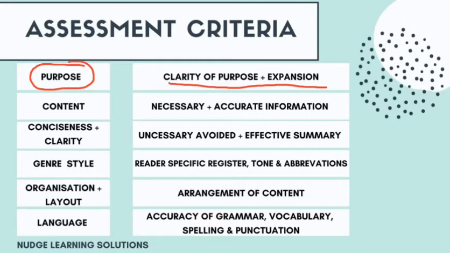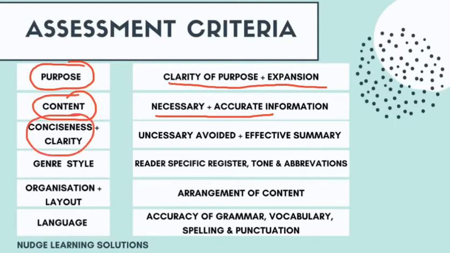Especially the first sentence, I am writing this letter to request XYZ care from your side for my XYZ patient. So the purpose should be clear. And the content: are you giving unnecessary information to the professional? That is evaluated. Then the clarity, the flow from one paragraph to another. How are you summarizing? How are you grouping the information? Those things they will evaluate.